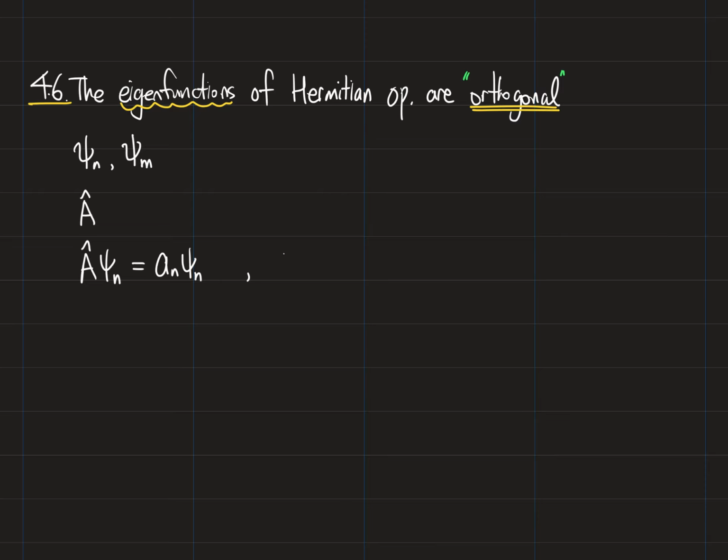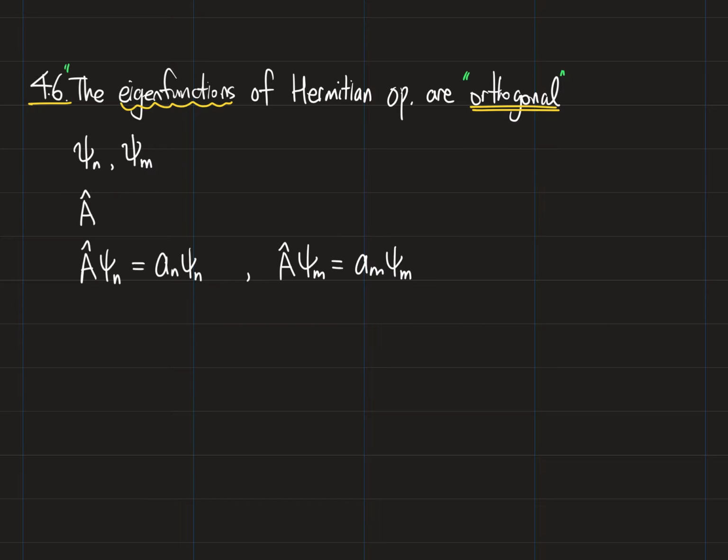And very similarly, you will obtain another eigenvalue equation for wave function m. So now we are going to show the title of this section, that the eigenfunctions of Hermitian operators are orthogonal.